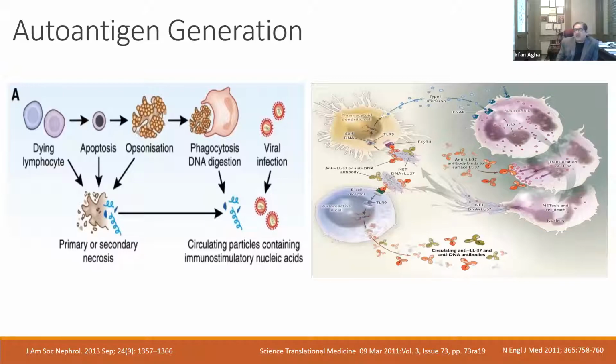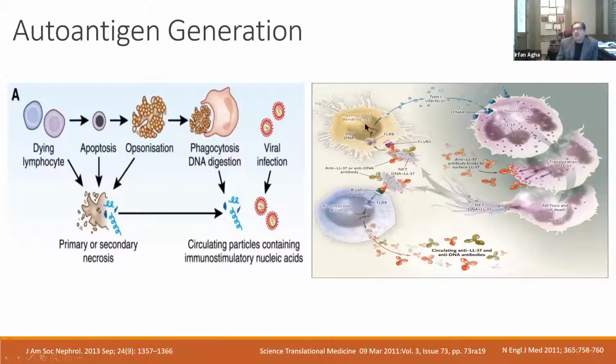And that then leads to stimulation of the plasmacytoid dendritic cell, which is a key player in the pathogenesis of lupus on the innate side. The plasmacytoid dendritic cell sees these nets, which are processed through the toll-like receptor 9 pathway and trafficked in through MyD88 and TRAF.